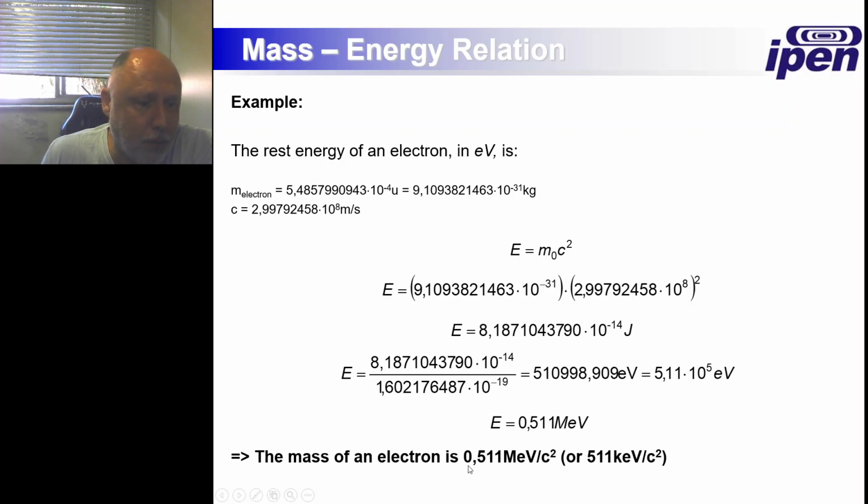Or the mass energy would be this, or as we more often use in the lab, 511 kilo electron volts per c squared. Well, in fact, nature does strange things. Later in this course we'll see that yes, electrons can be transformed into energy completely, and this 511 kilo electron volt number will come up again, right?